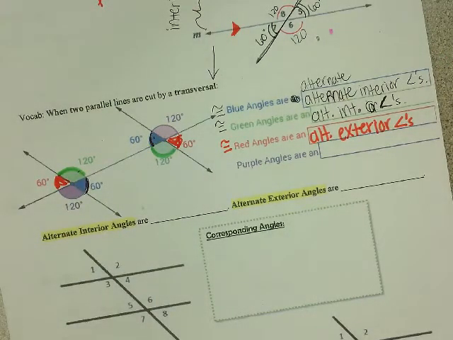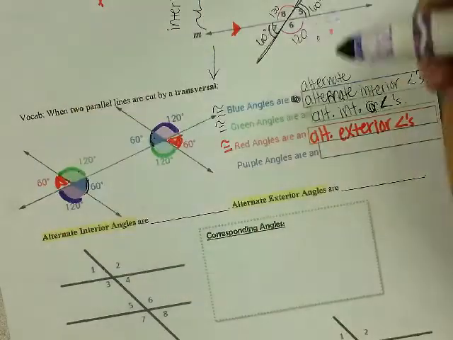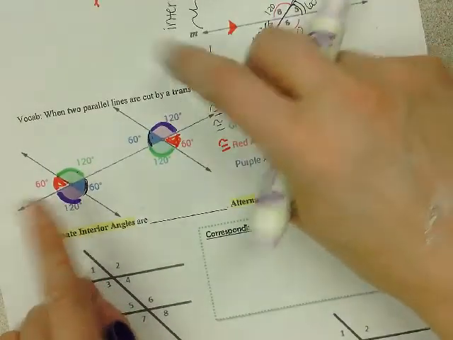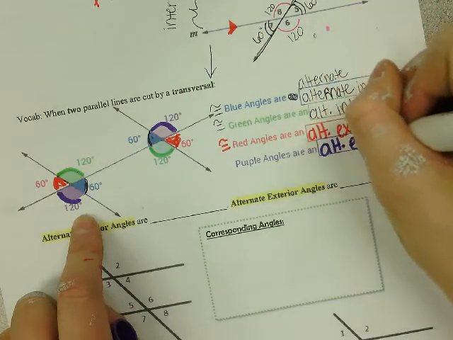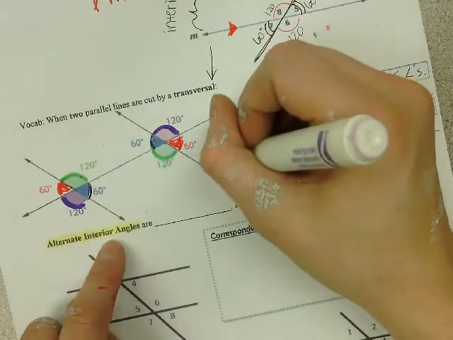All right, let's look at the purple angles. So the purple angles, all right, here and here. Okay, so they're on the outside and they're alternating. So they are alternate exterior as well. And if we look, they're both 120, so that is congruent.